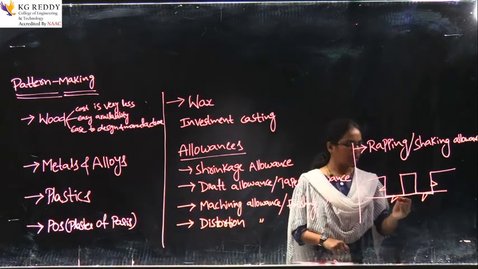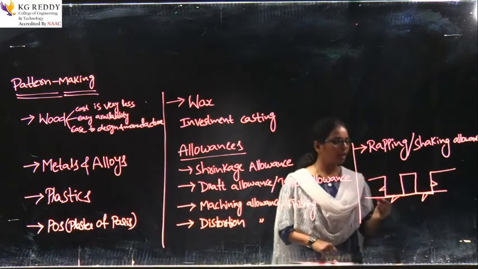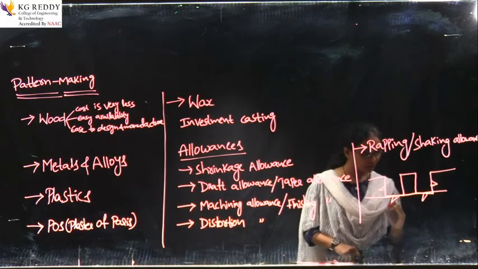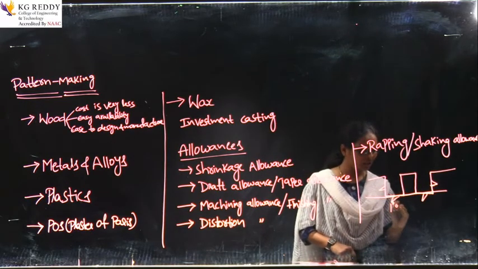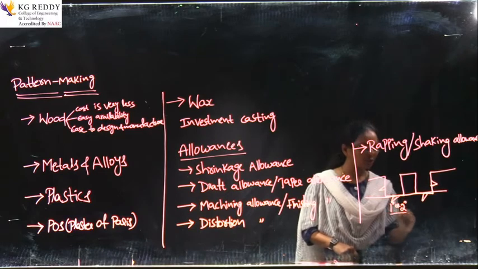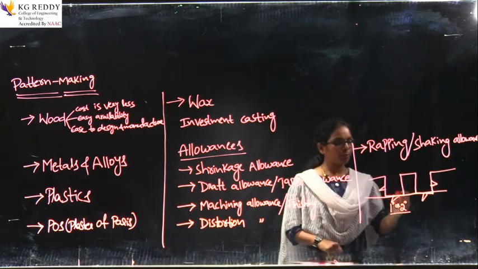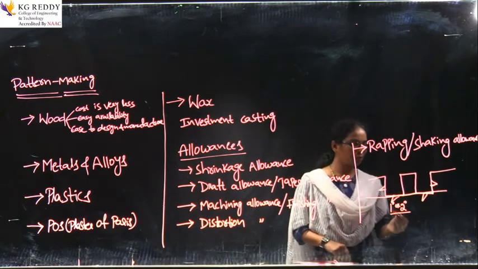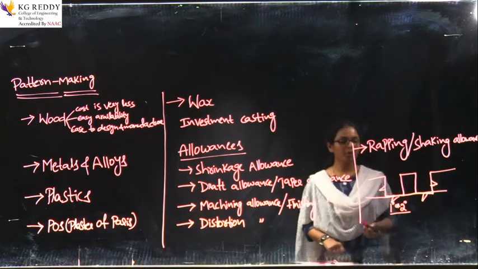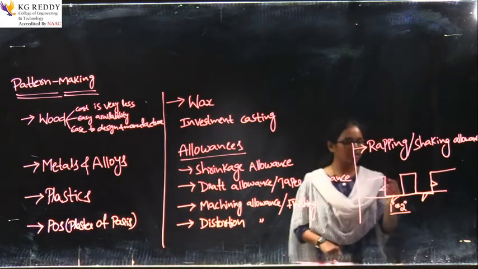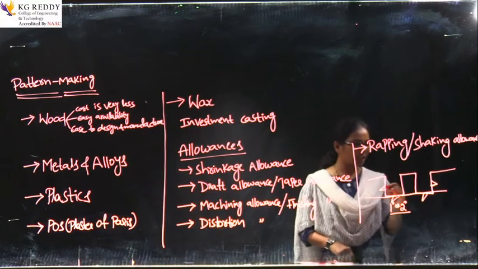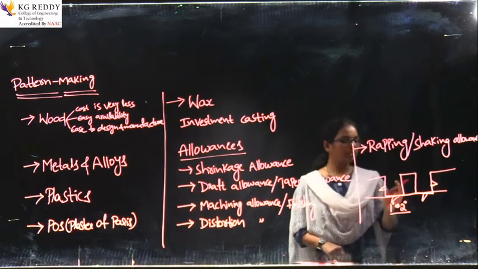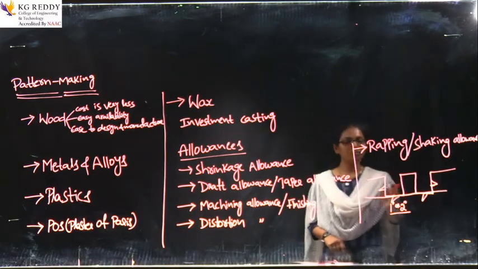So, to avoid that we have to provide 1 or 2 degrees. To avoid damage to the mold, we need to provide a taper angle of 1 or 2 degrees. So, it is very easy to remove the casting or pattern from the mold.